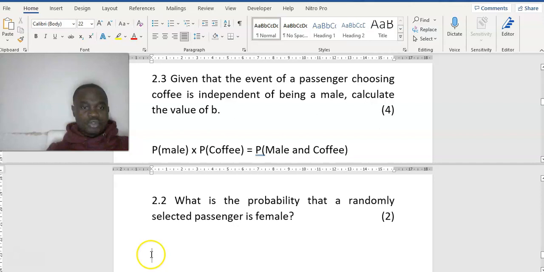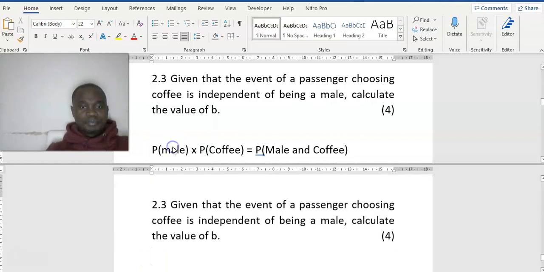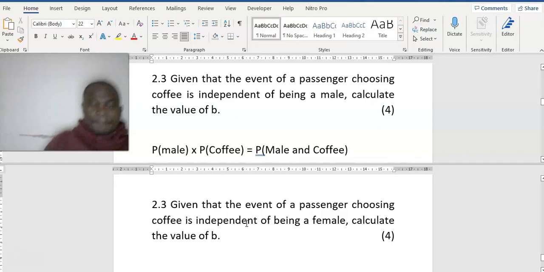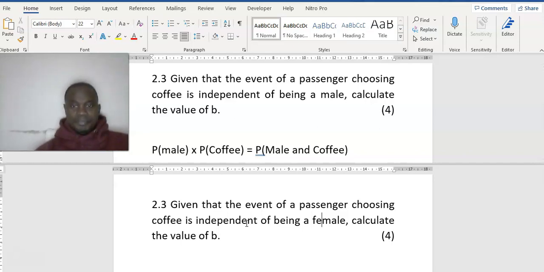It's now going to be the event of the person choosing coffee is independent of female. Okay, let me just leave it like that.